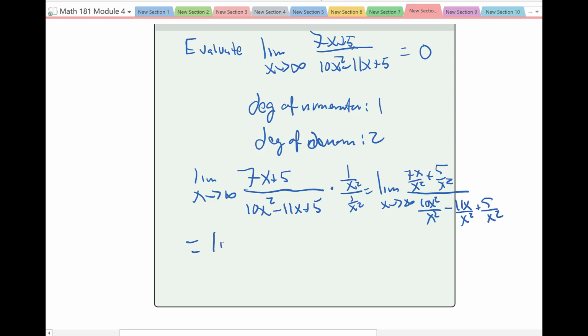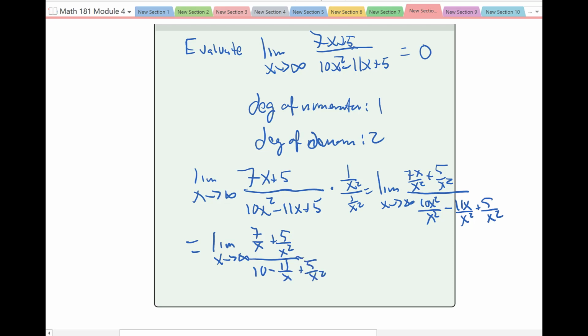And that's going to give us the limit as x approaches infinity of 7 over x plus 5 over x squared, over 10 minus 11 over x plus 5 over x squared.